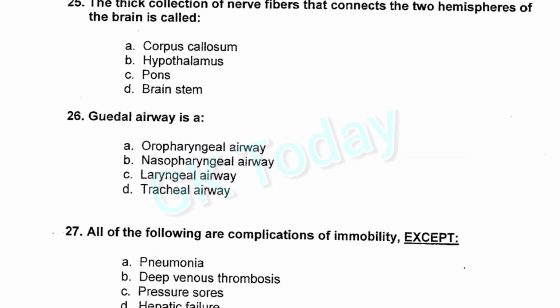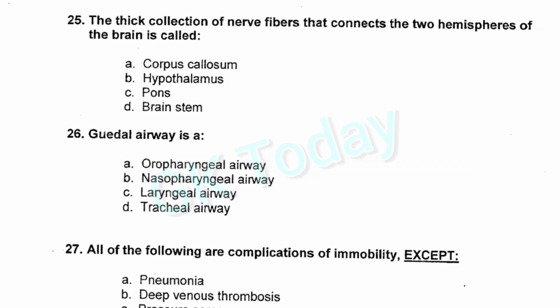Question number 25. The thick collection of nerve fibers that connects the two hemispheres of the brain is called? Correct answer is option A, corpus callosum. 26. Guedel airway is a?